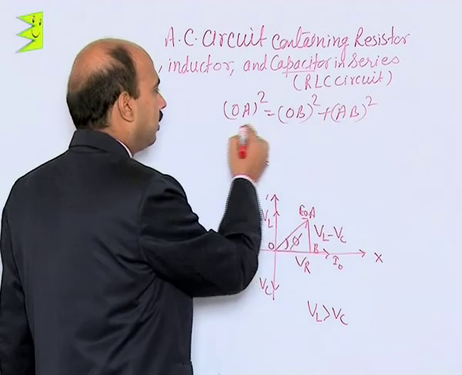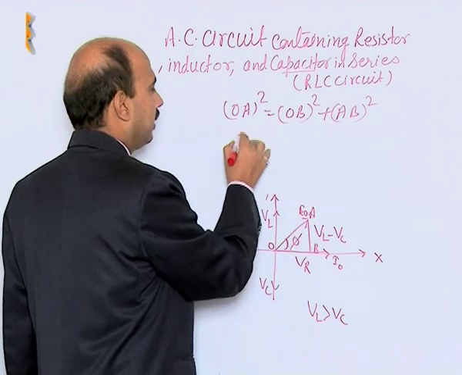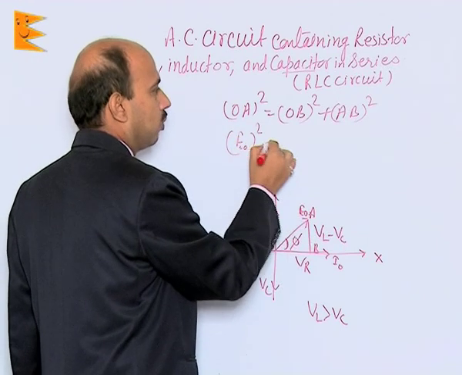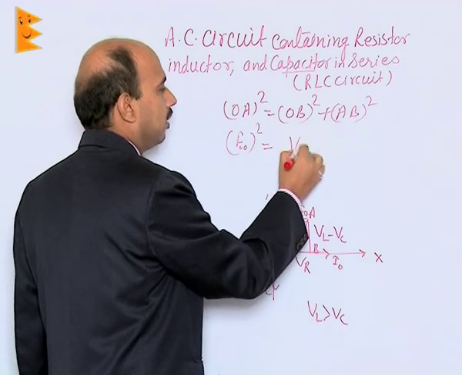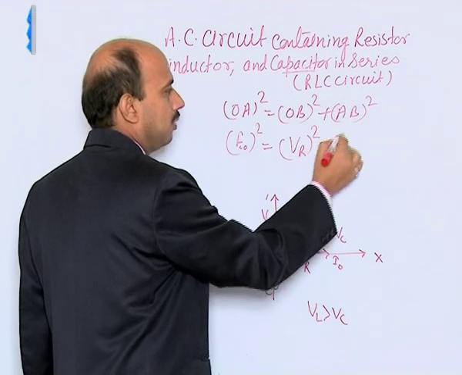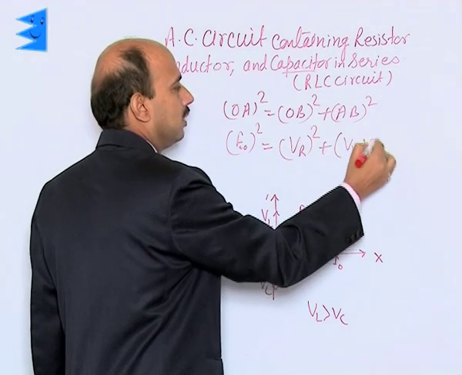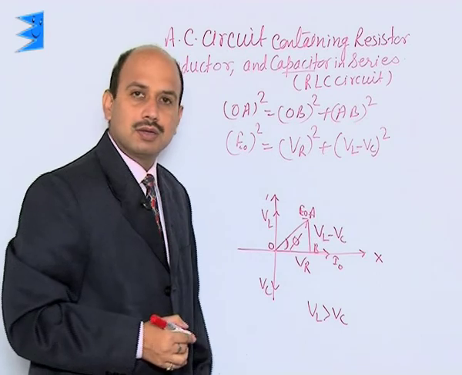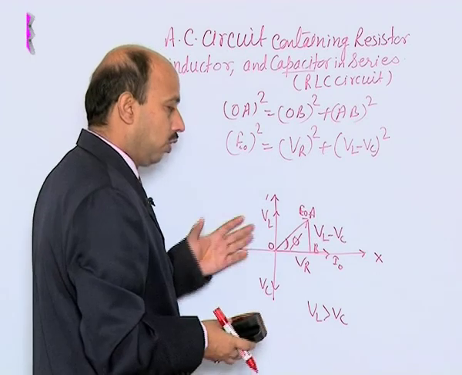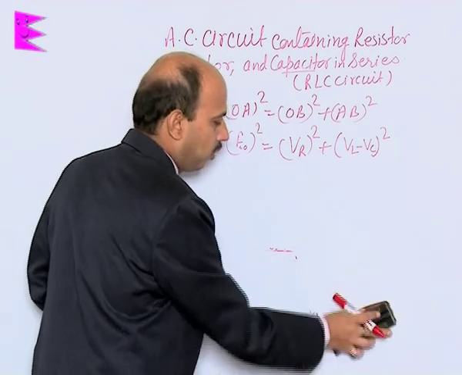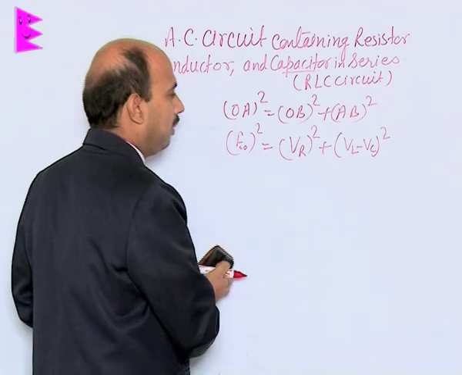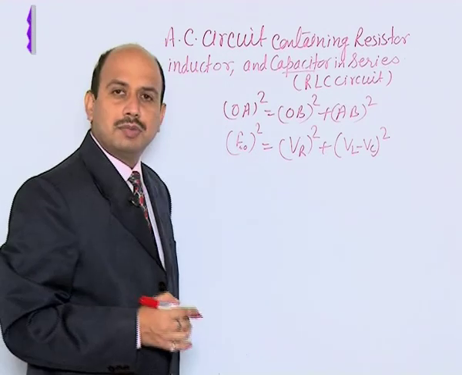Now OA can be written as E naught, so E naught square is equal to OB, that is VR square, plus VL minus VC whole square. When we solve it, first we write the values of the voltages.